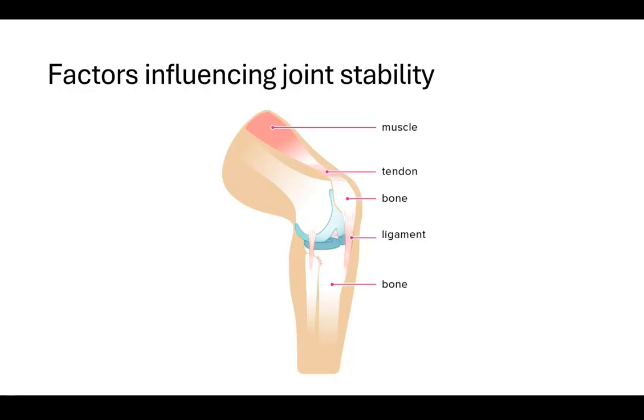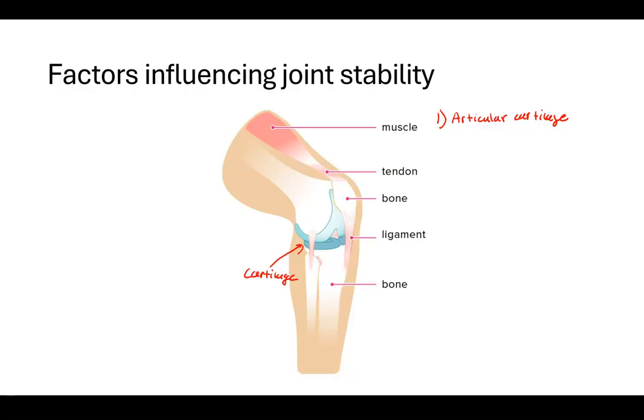The things that contribute to overall joint stability are, first, the articular cartilage. I have this picture here of our knee joint, and we would see articular cartilage here. This is actually the meniscus, and there's also articular cartilage on the femur that you see in blue next to it.